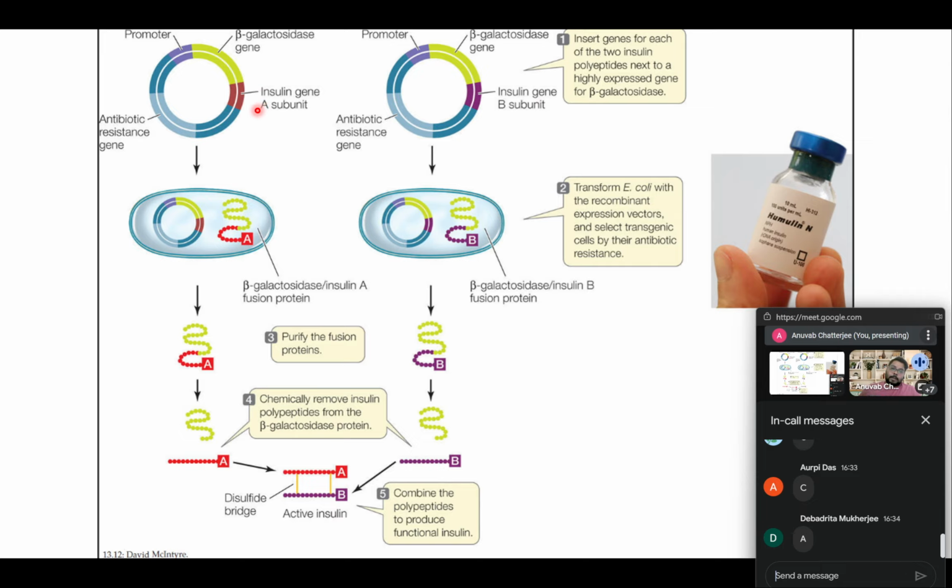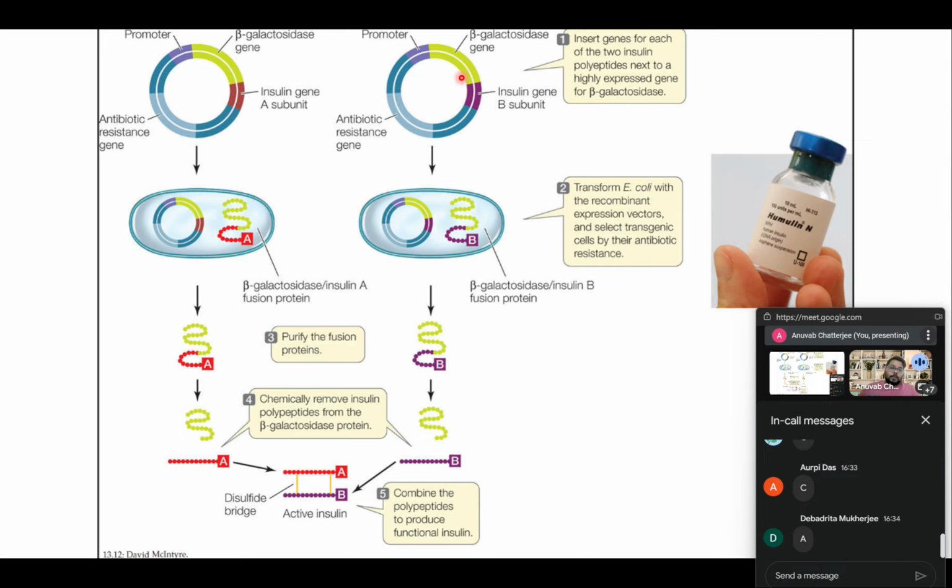As you saw, the entire insulin peptide is only 51 amino acids long. Very small peptides have difficulty in folding properly and forming the correct structure, and are also very susceptible to degradation, because essentially you are cutting the original gene in half. So you link it with beta galactosidase so that it forms a bigger peptide which is protected from degradation.